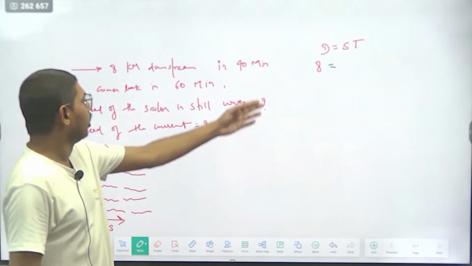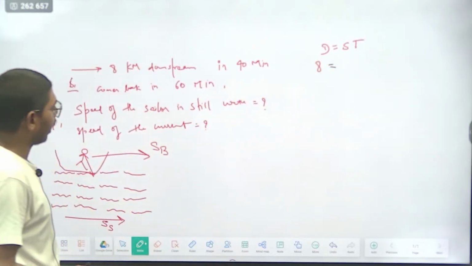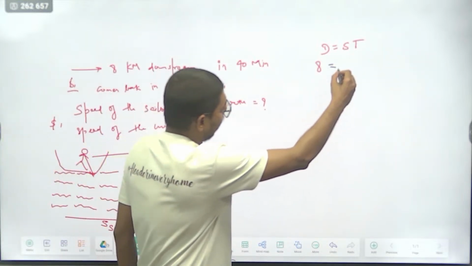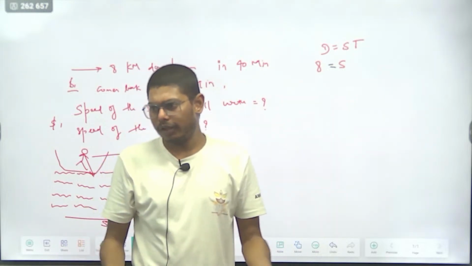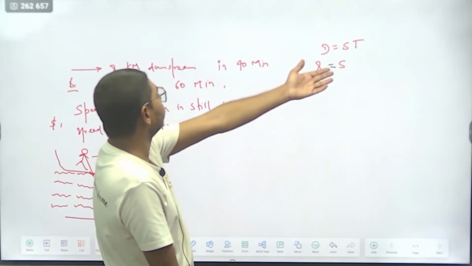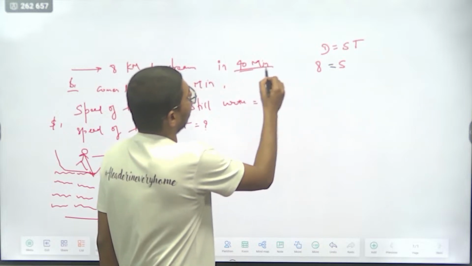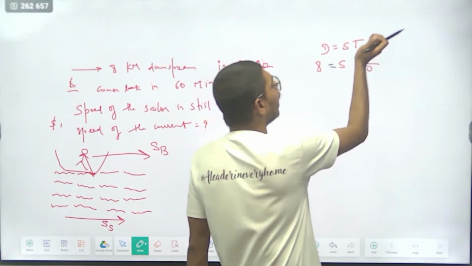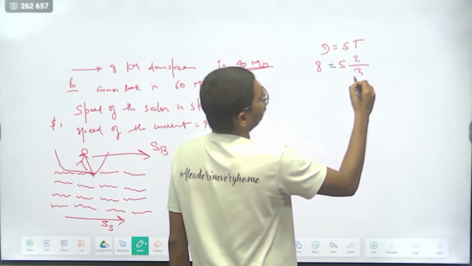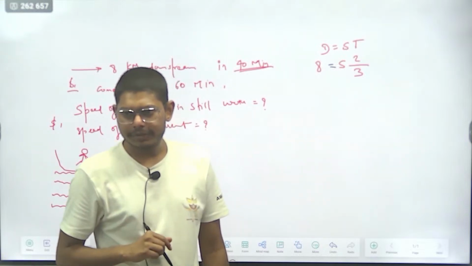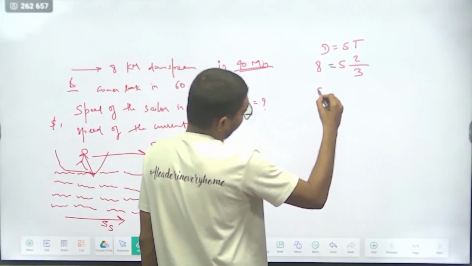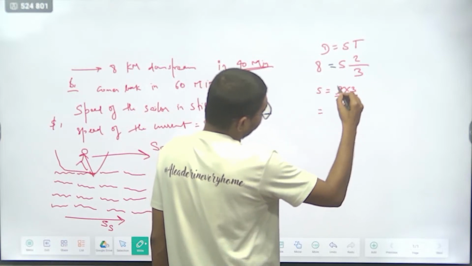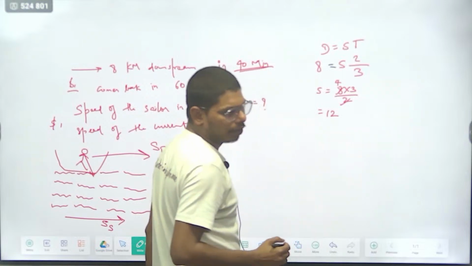Speed we don't know, so we just write it as s. Time is 40 minutes, that means 40 by 60 or 2 by 3. Which means speed s is equal to 8 into 3 by 2, which is 12 kmph.